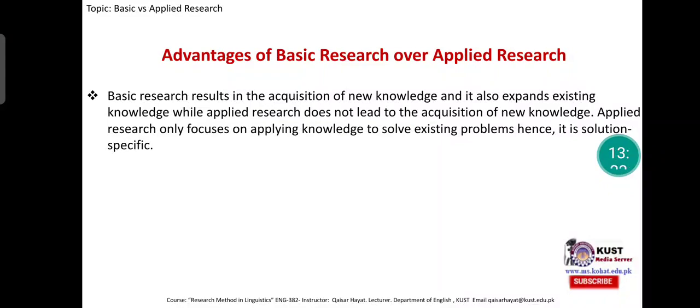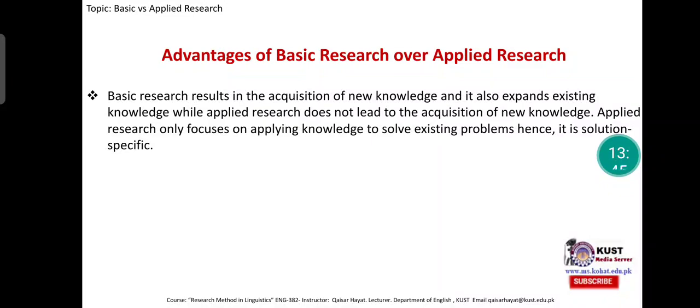Applied research is not concerned with the expansion of knowledge. Applied research utilizes the existing knowledge to sort out a solution for a problem. So, basic research has its own function, applied research has its own function.